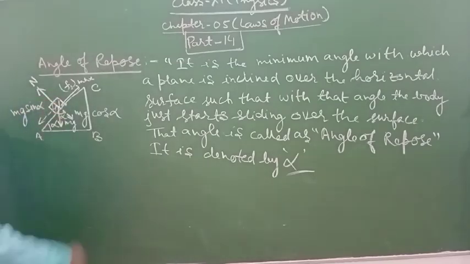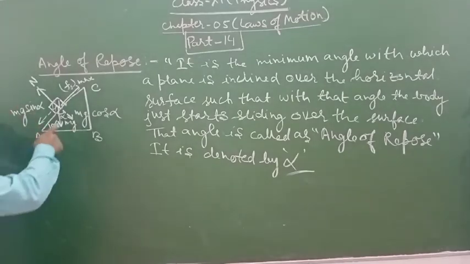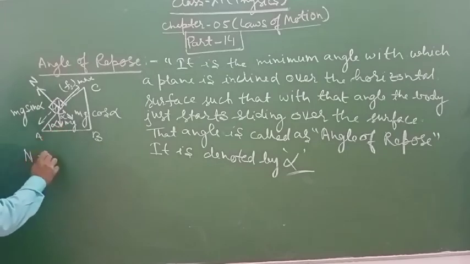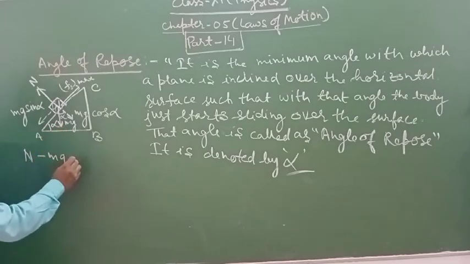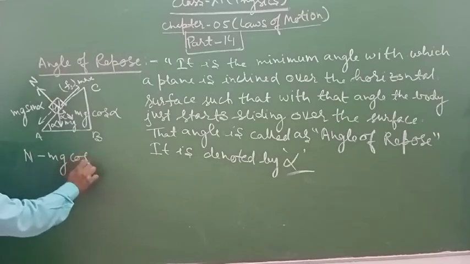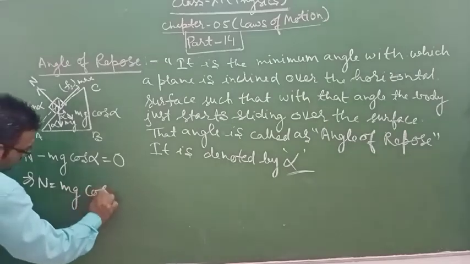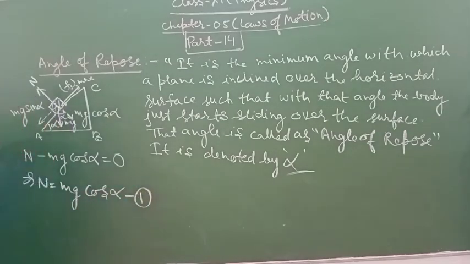First of all, the normal reaction: since there is no motion in the vertical direction, N minus mg cos alpha is equal to 0, so N is equal to mg cos alpha. This is equation number 1.